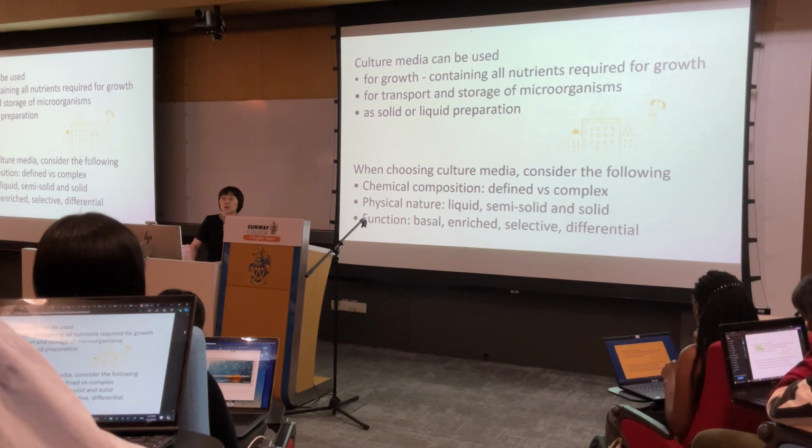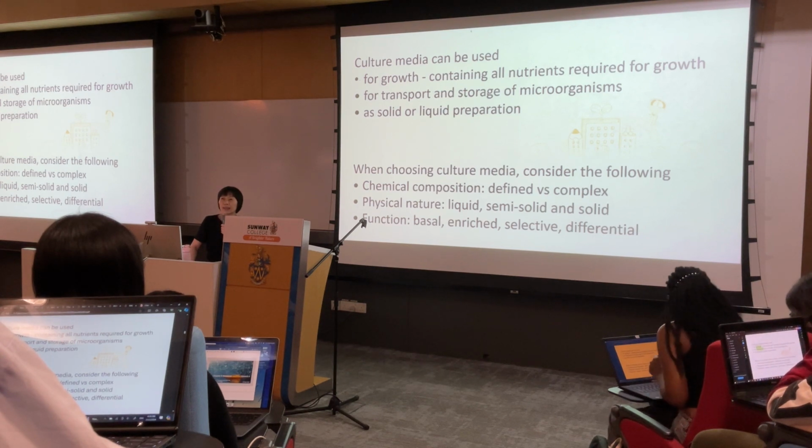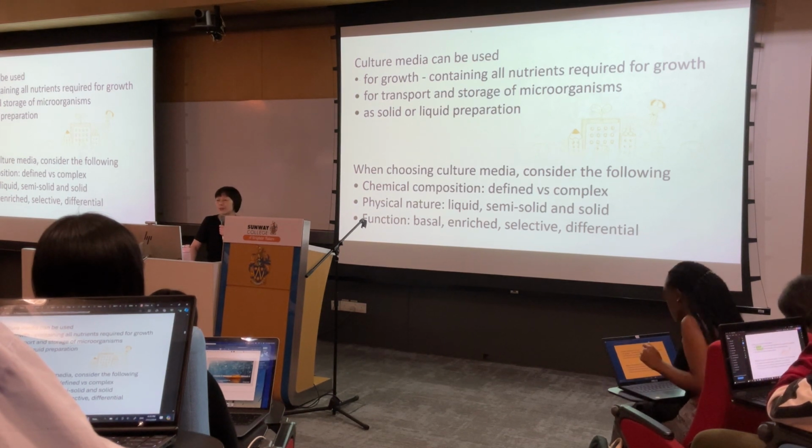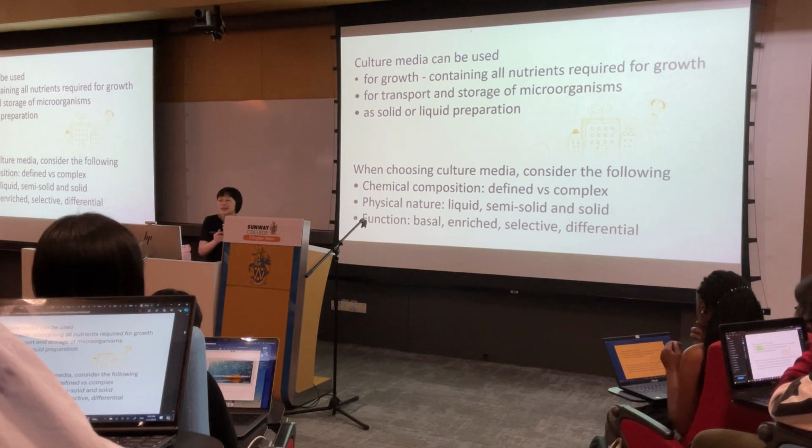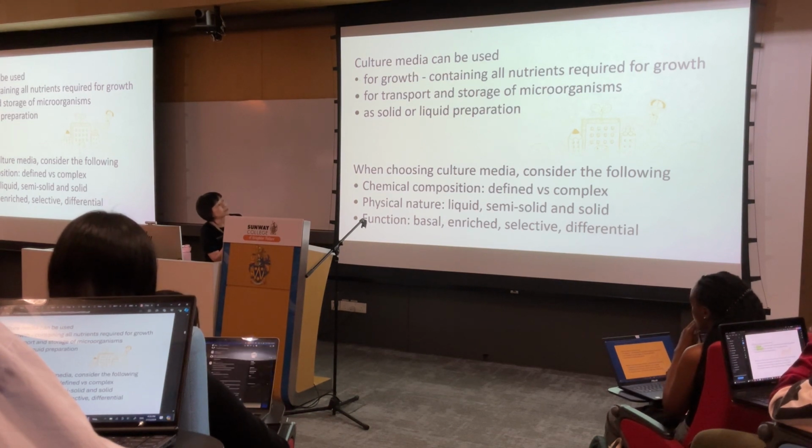Normally the drying method is for long term, but if you want to transport from one premises to another, you normally just keep them in a container containing medium with the culture, right? And also you have the option of solid or liquid preparations, both of them.